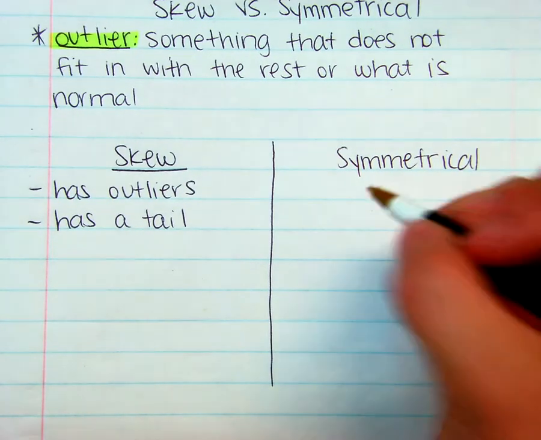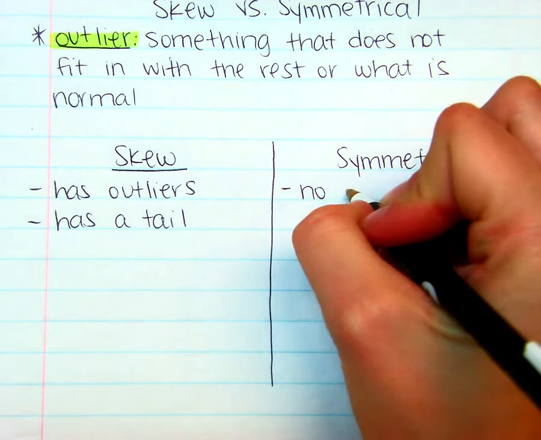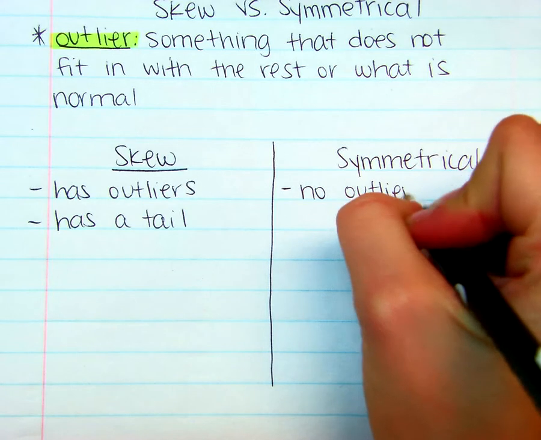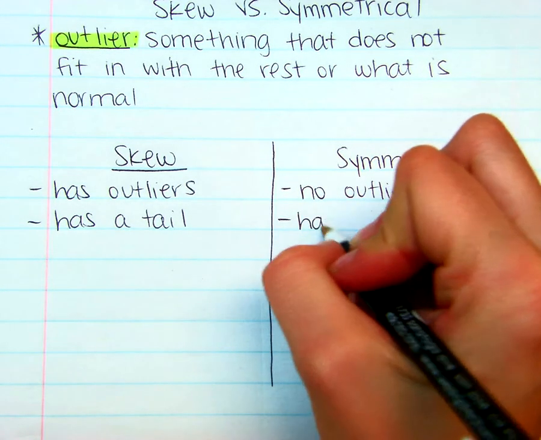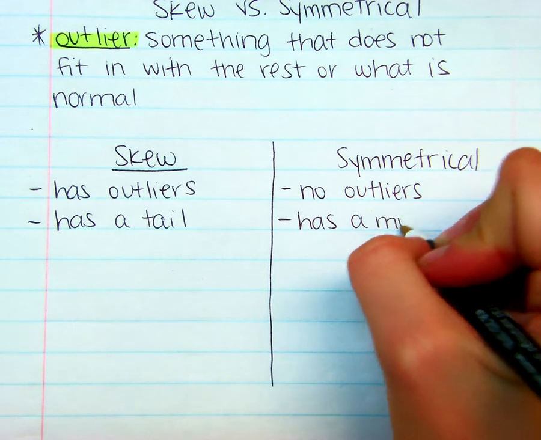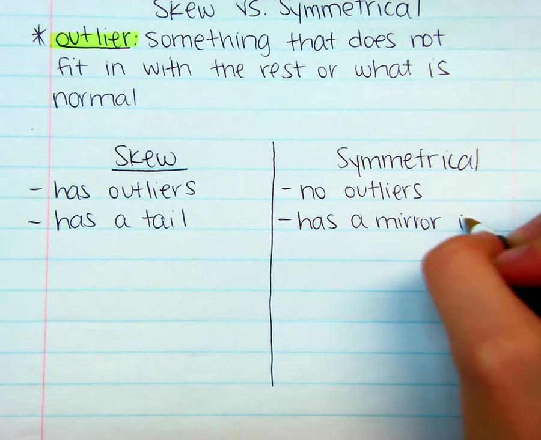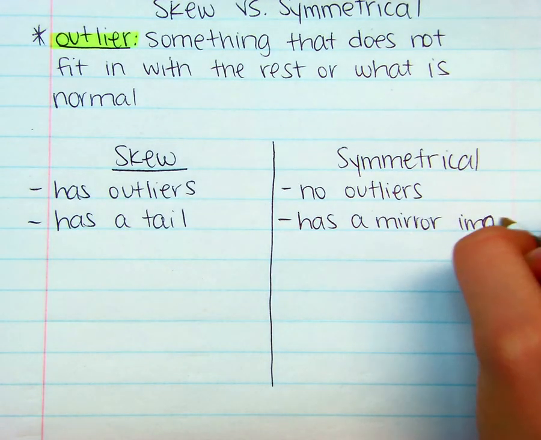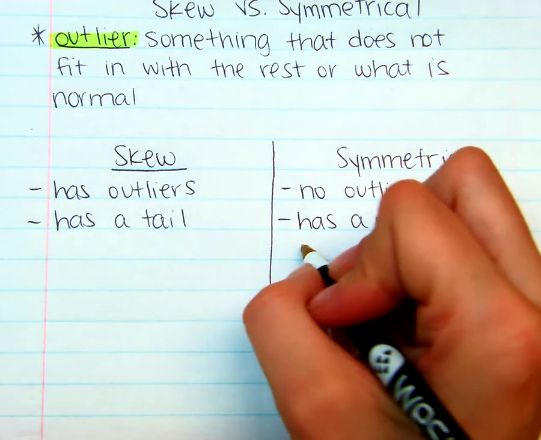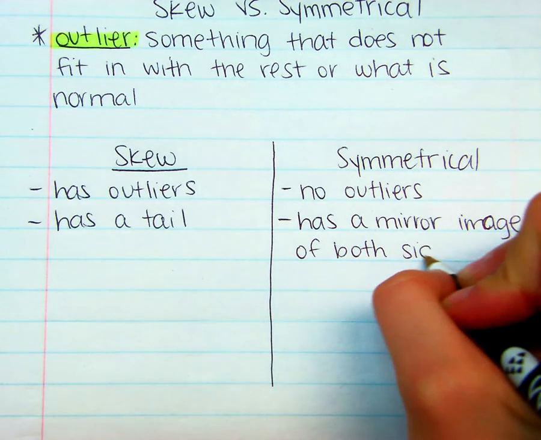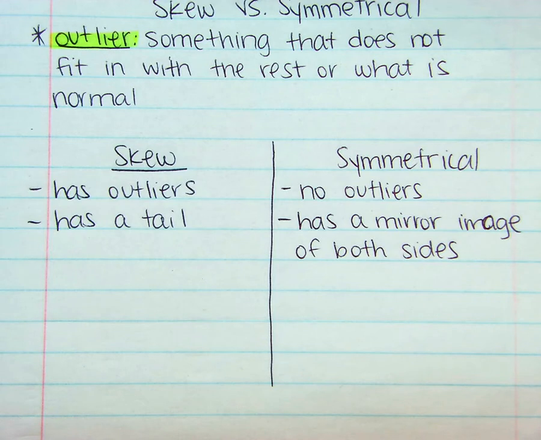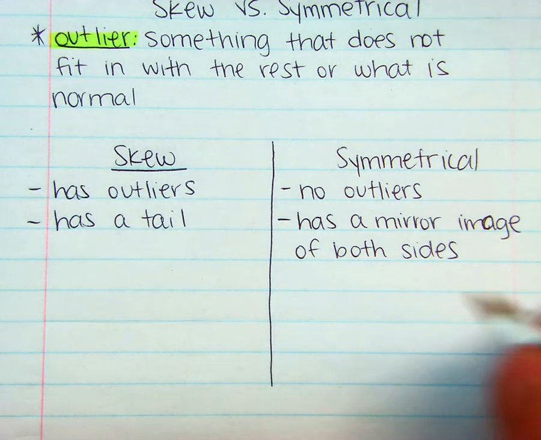Symmetrical, on the other hand, has no outliers, and it has a mirror image of itself. So it's a mirror image of both sides. So let's draw an example. We're going to use a dot plot or a histogram to draw this.